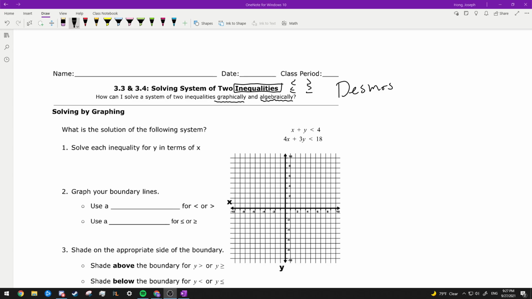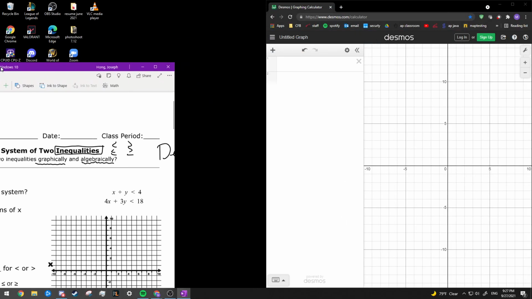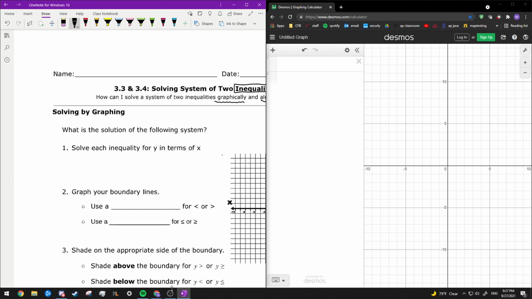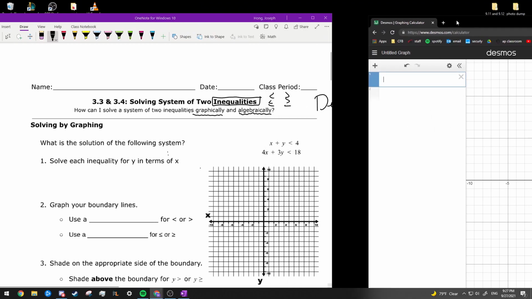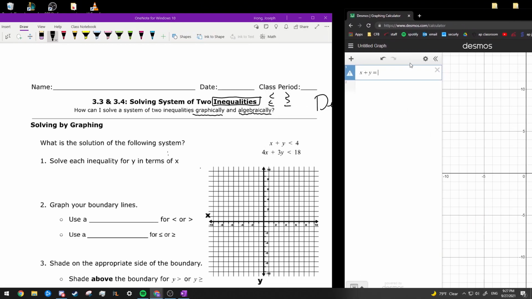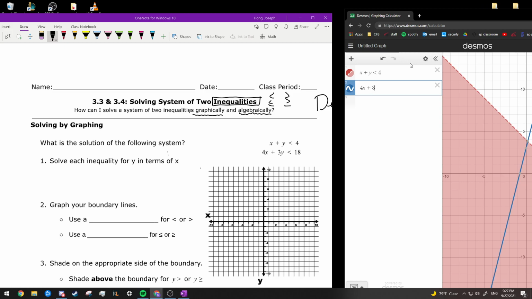Okay, so solving by graphing. What is the solution of the following systems? If I use Desmos by graphing this, you can see x plus y is less than 4, and 4x plus 3y is less than 18.